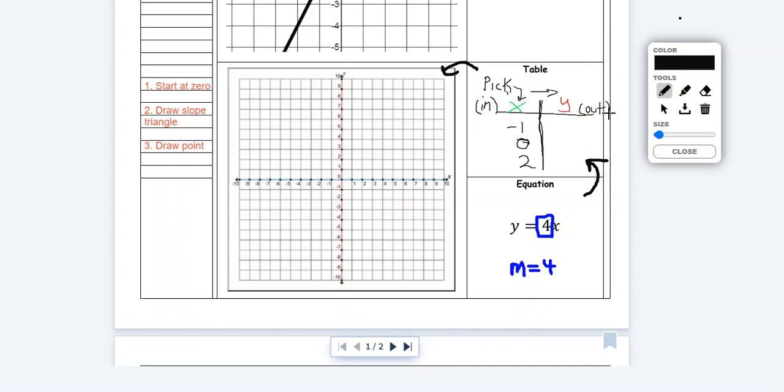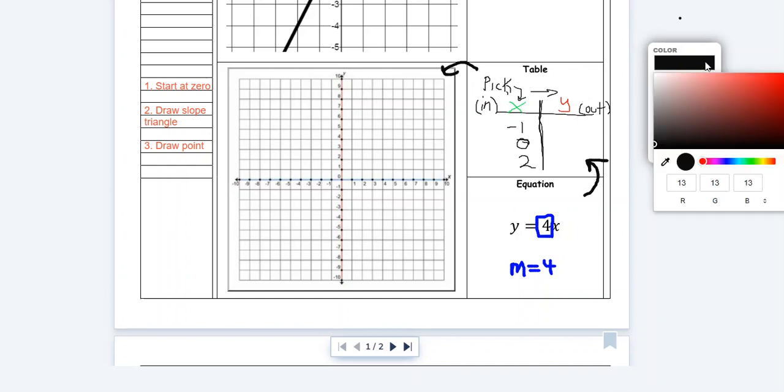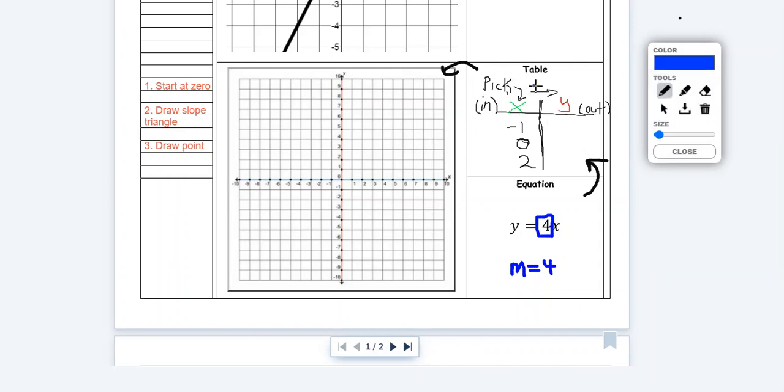So if we put in something for x, we multiply it by our slope, and what we get out of that is our y value. In this case, we're multiplying by slope. Okay, so we've put in some x values. Now let's try multiplying. Each of these is going to need to be multiplied by 4. I like to write it next to it, but you certainly don't have to.